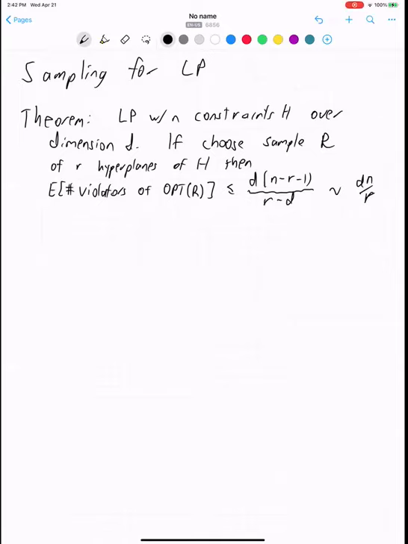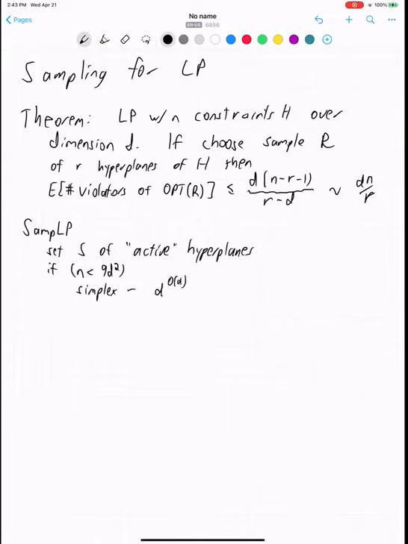Okay, and so we use that in this algorithm called SampLP, where we had a set S of active hyperplanes. And then if we don't have a lot of hyperplanes, then we would run the standard simplex algorithm, which takes d to the order d time.